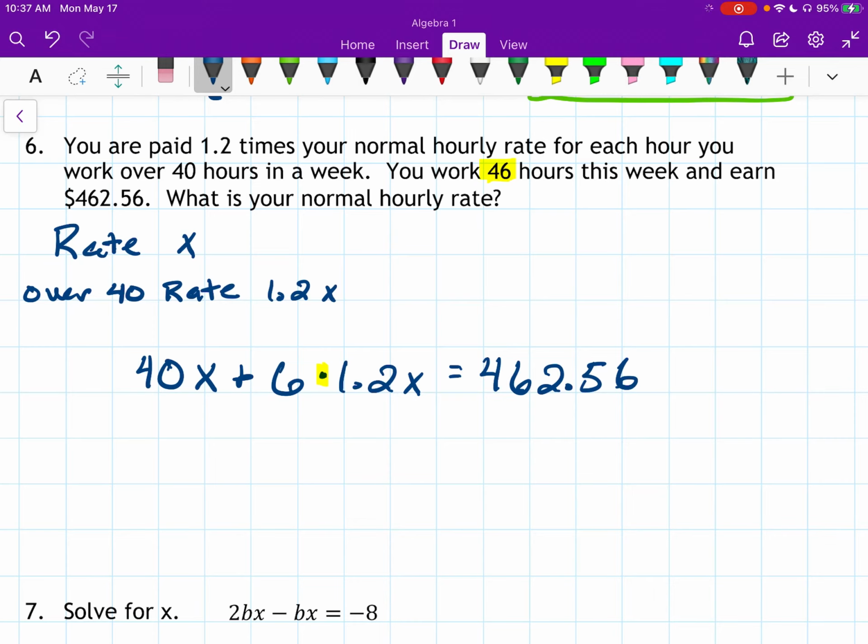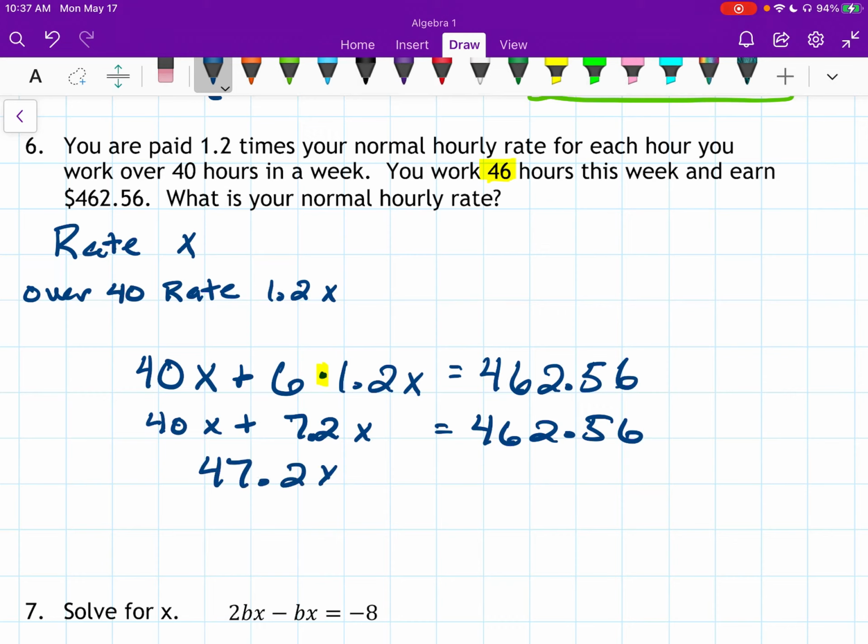It means multiplication. So on the left here, I'm going to simplify. So I'm going to have 40x plus, I'm going to type in 6 times 1.2. That gives me 7.2. Okay, now I'm going to add the 7.2 and the 40 to give me 47.2x equals 462.56.